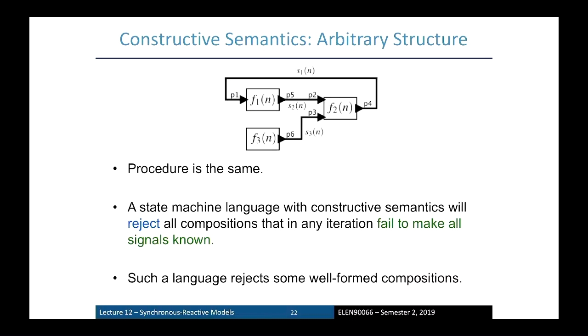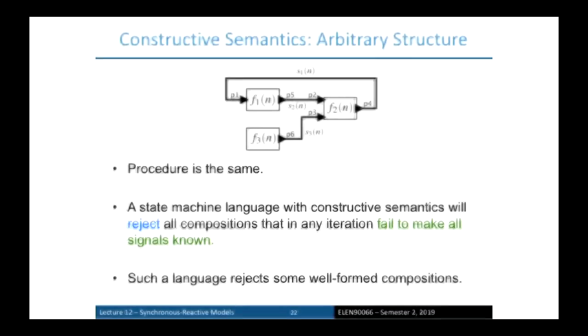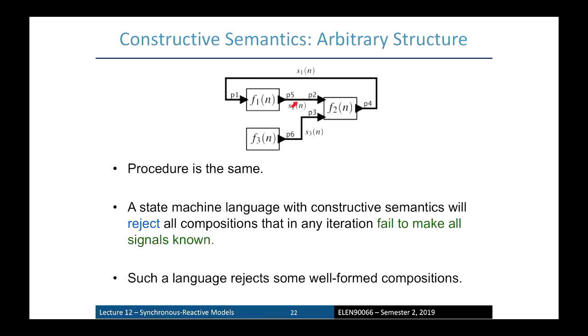And remember, when we pull these out, all these signals become feedback signals when you do a side-by-side composition. Even though it doesn't look like a feedback signal, it is. When you pull that down, that's a feedback signal, that one there. And if that's unknown, that's a bad thing to be happening.